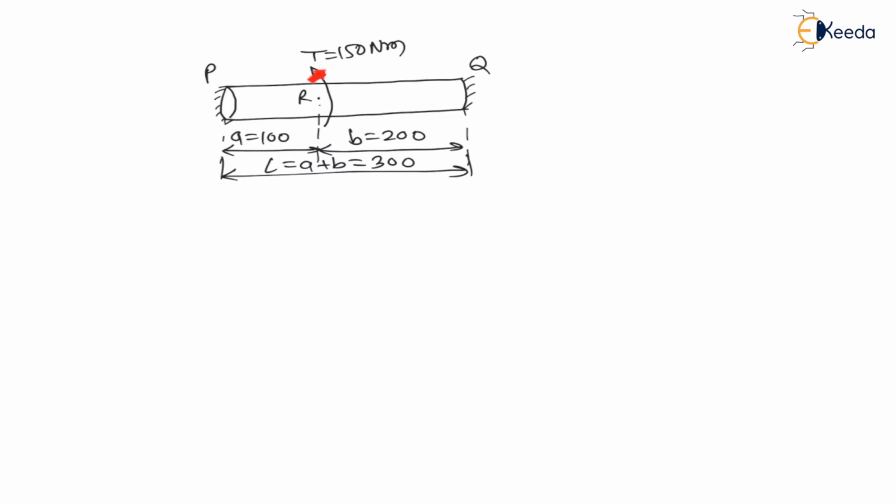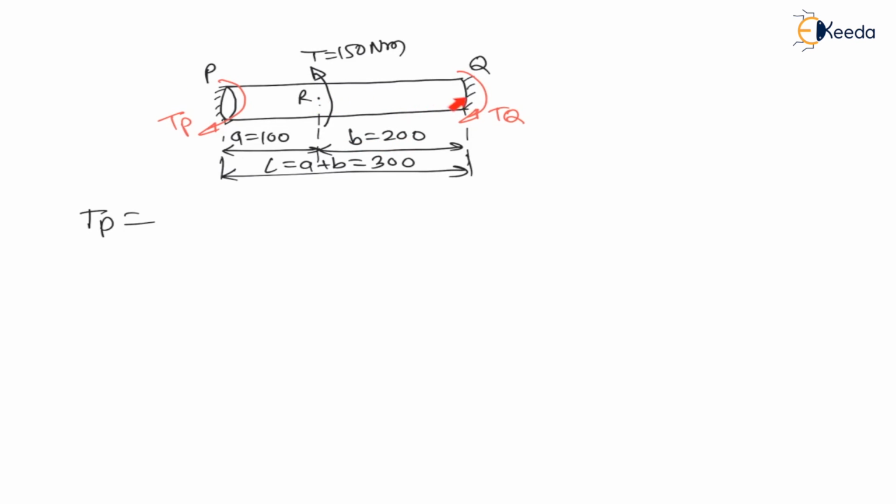Now, as the torque at R is acting in the anti-clockwise direction, at P and Q I will assume clockwise torque. Let us say this is the torque at P and the torque at Q, both assumed clockwise. Now, my dear students, the shortcut is that torque at P will be equal to the opposite distance, that is the distance of Q from the applied torque, which is B, is 200.